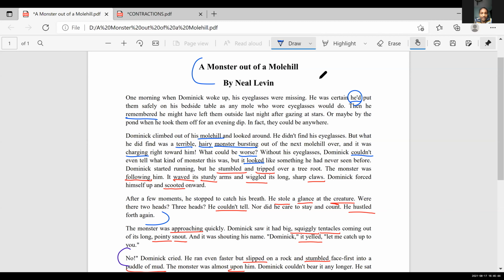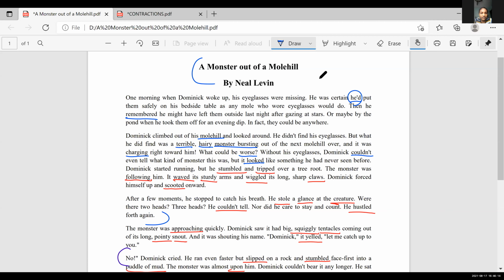He didn't find his eyeglasses, but what he did find was a terrible hairy monster bursting out of the next molehill over, and it was charging right toward him. What could be worse without his eyeglasses?